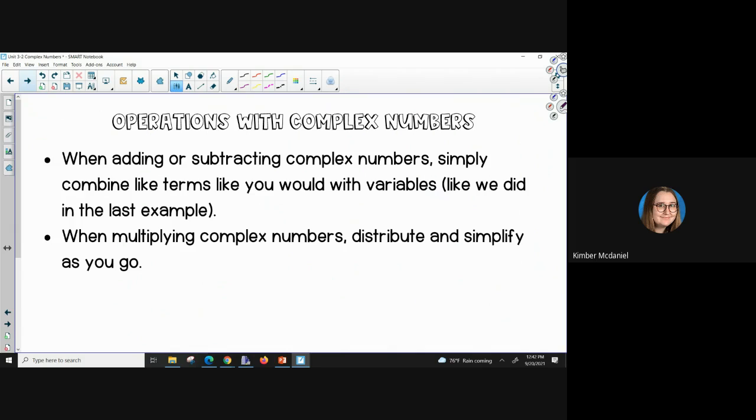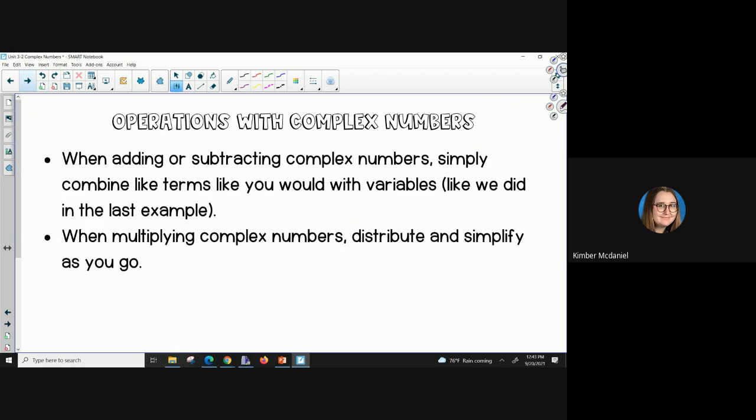So when it comes to operations with complex numbers, again, here you're going to just fill in the blanks. When adding or subtracting complex numbers, you simply combine like terms like you would with variables, like we did in the last example.